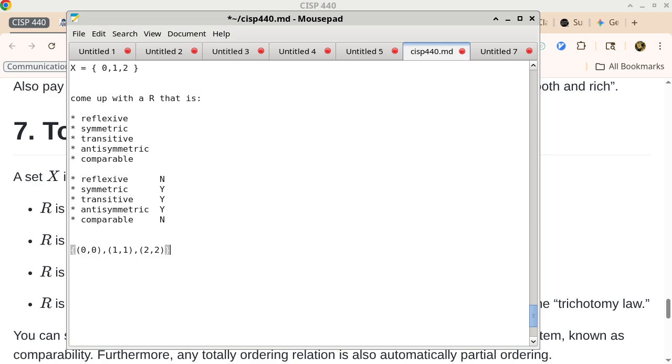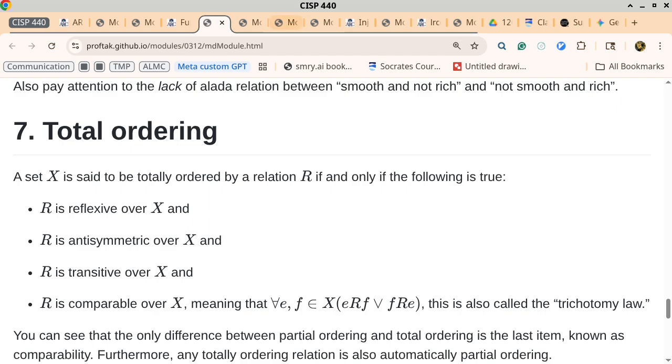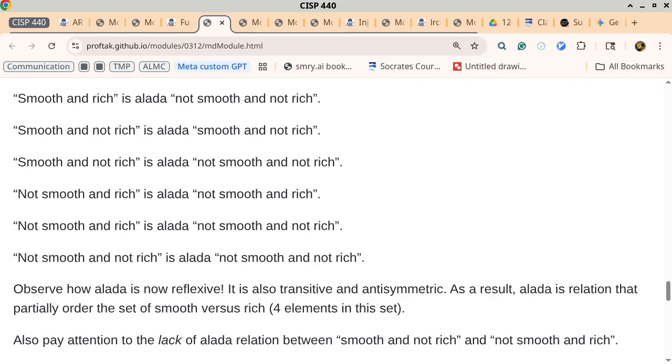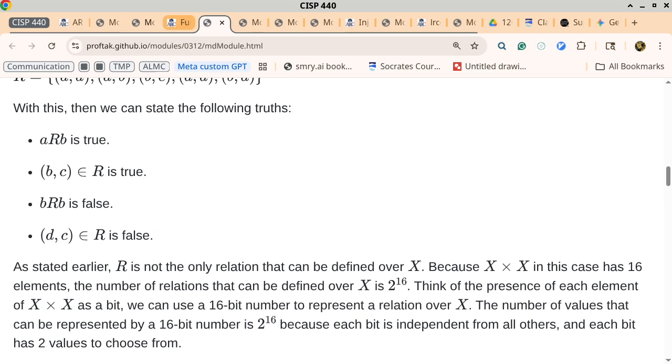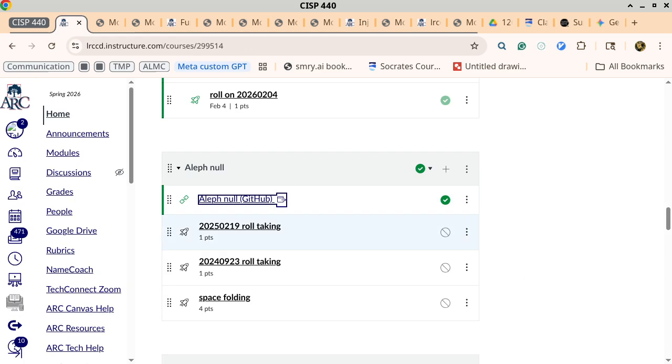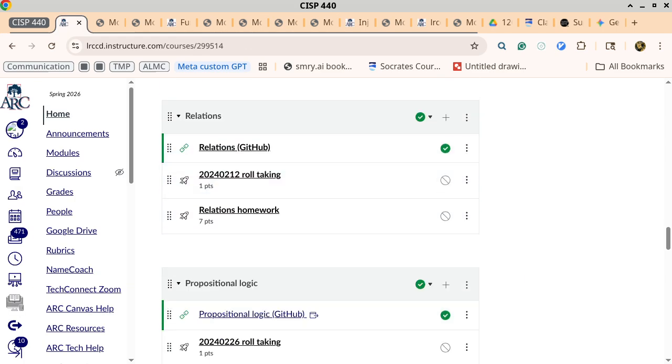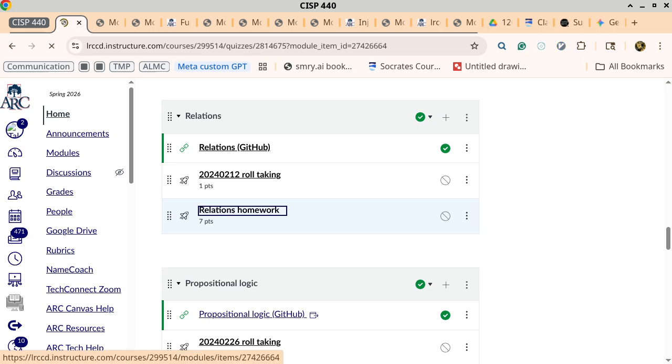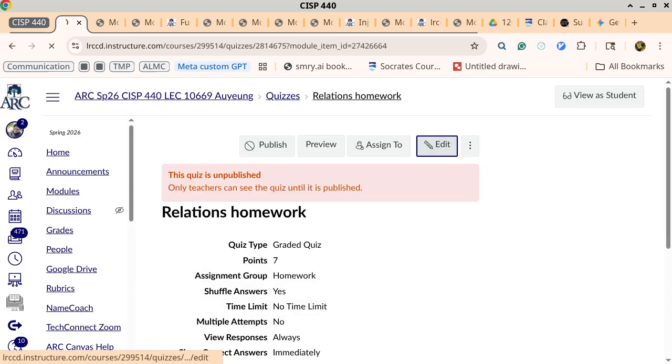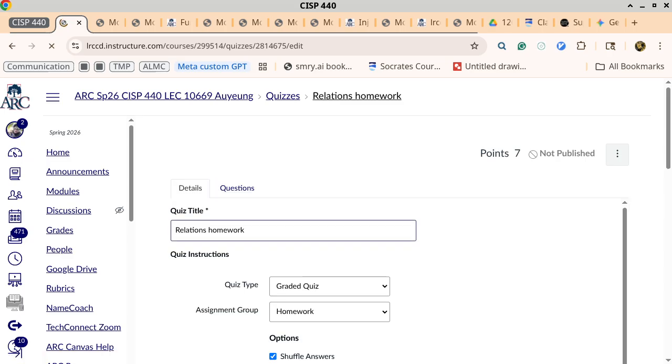Okay. So we are running out of time today. Actually, I can give you the relation homework assignment now. Now that we have talked about all of this, we are ready for the next assignment. So that is going to be here. I did not take roll today. That's okay. If you're worrying about roll taking, it's going to be okay.